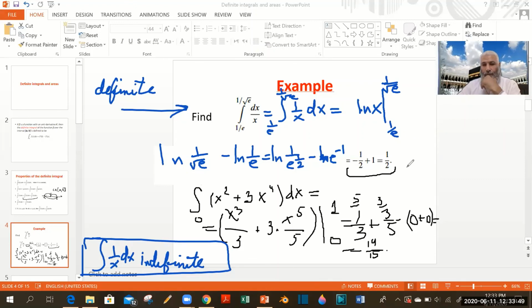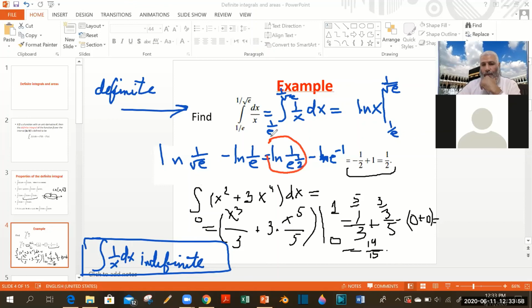If I do this by calculator, this will be negative 1/2. And this is negative 1. Negative 1 is positive 1. So negative 1 half plus 1 is positive 1 half. Okay.